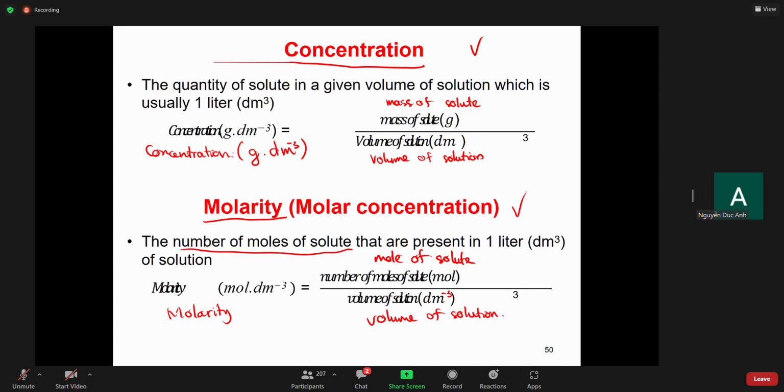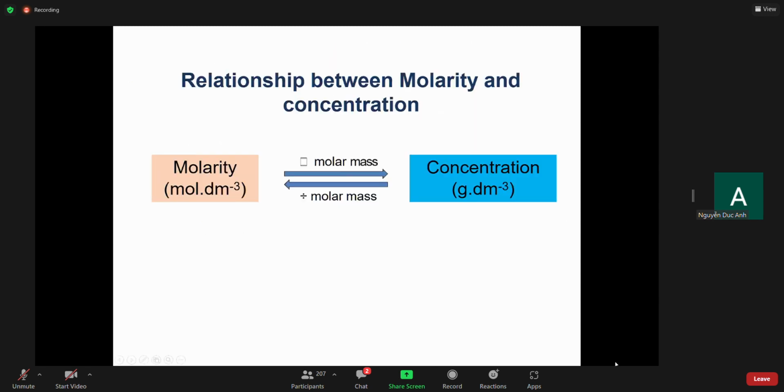To calculate the molarity, you should know the mole number of the solute and the volume of the solution. Just that. So you have the relationship between molarity and concentration through the molar mass. When you multiply the molarity by the molar mass of the solute, you get the concentration in gram per liter. If you divide the concentration by the molar mass, you get mole per liter.